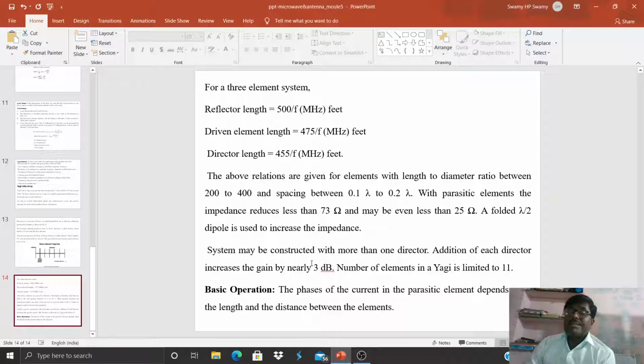Each director added increases the gain by 3 dB. The number of elements in a Yagi-Uda antenna is a maximum of 11 elements.